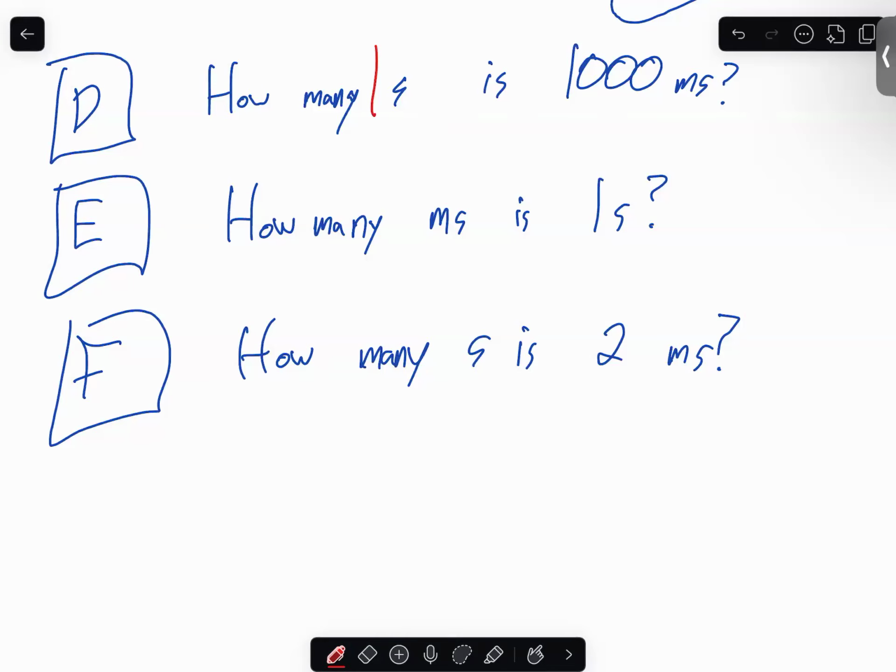2 divided by 1,000. Wait, can I calculate that? 2 divided by 1,000 is the same thing as shifting the decimal 3 times.